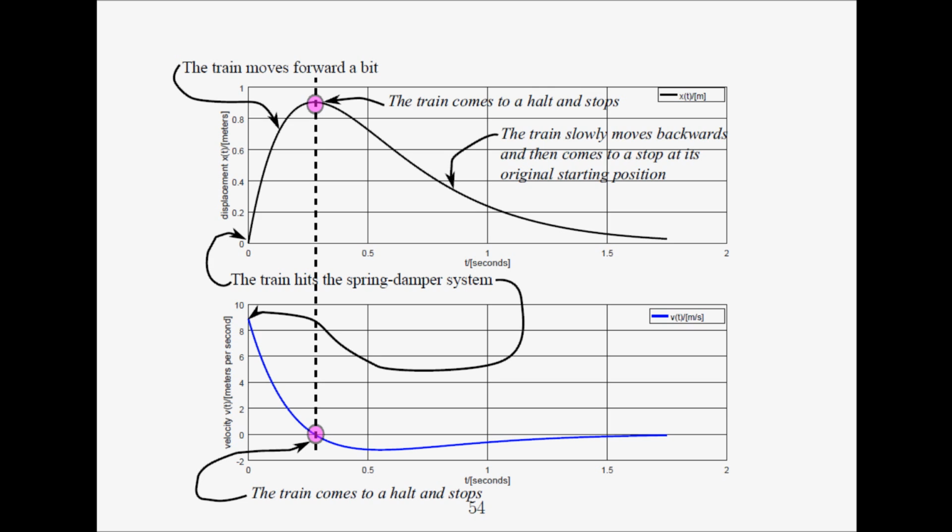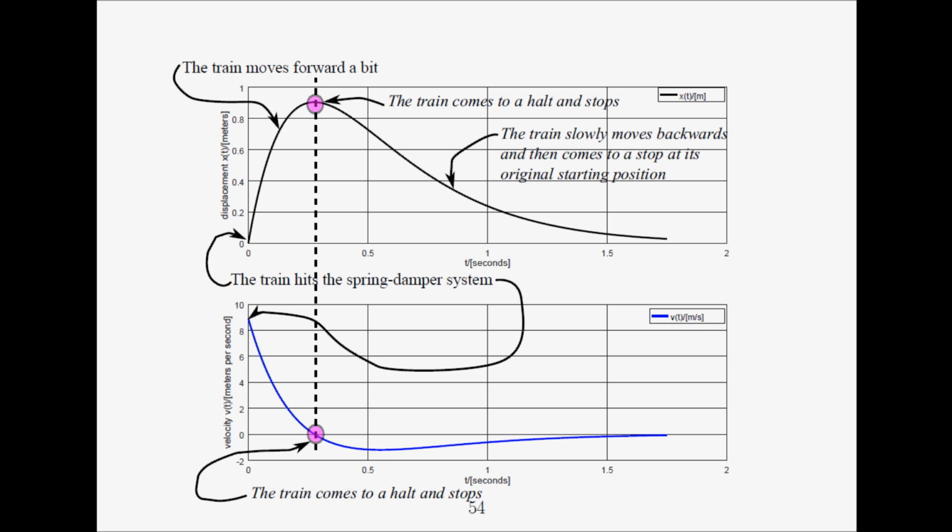Eventually, the train comes to a stop, and then slowly the train goes back. It slows down again, and eventually the velocity goes back to 0, and that is the end of the motion.